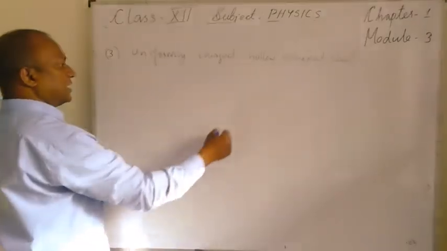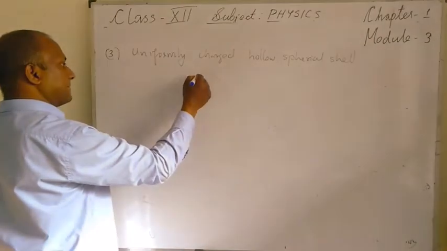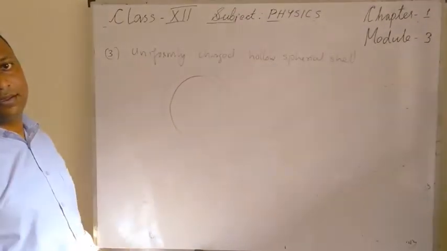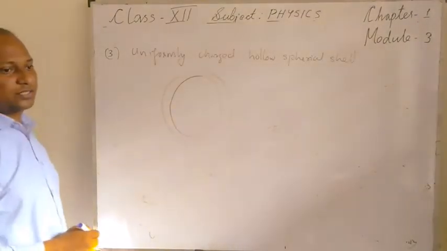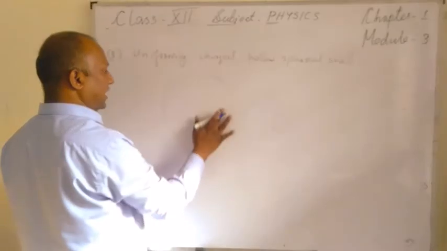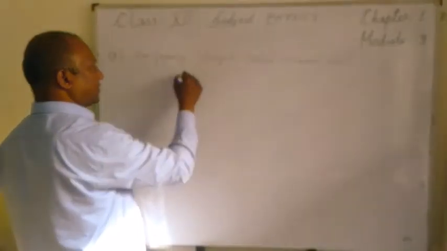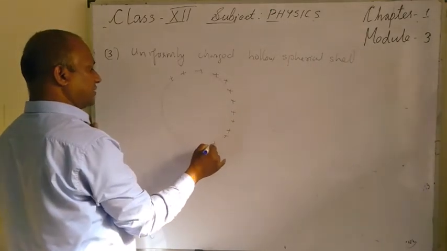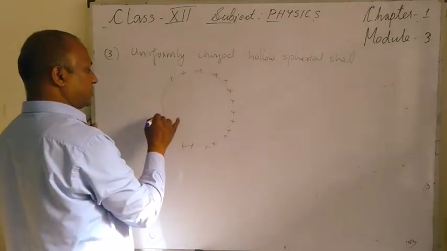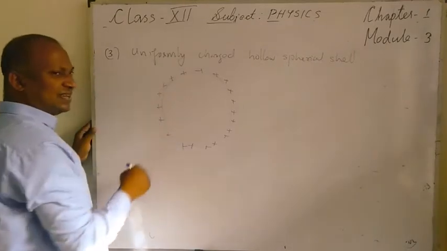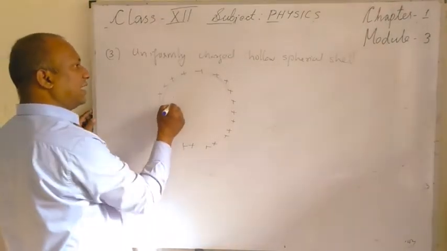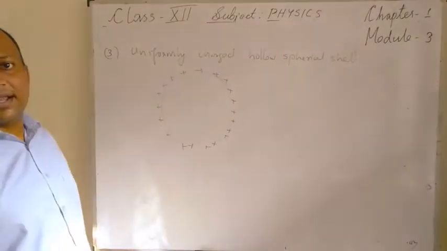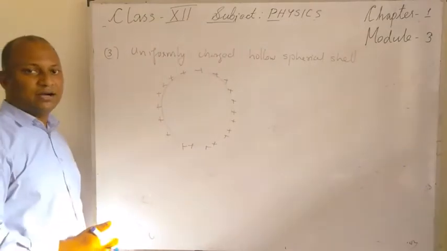It has a very fine thickness. Here also you can go for charge density, or even the entire total charge. What is the electric field intensity inside the hollow spherical shell? And what is the electric field intensity outside the hollow spherical shell?